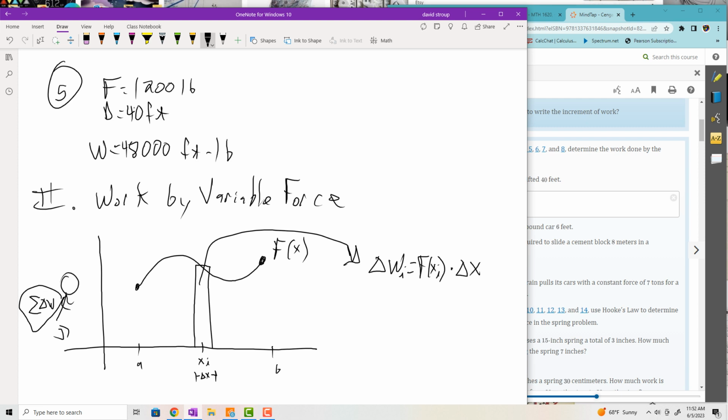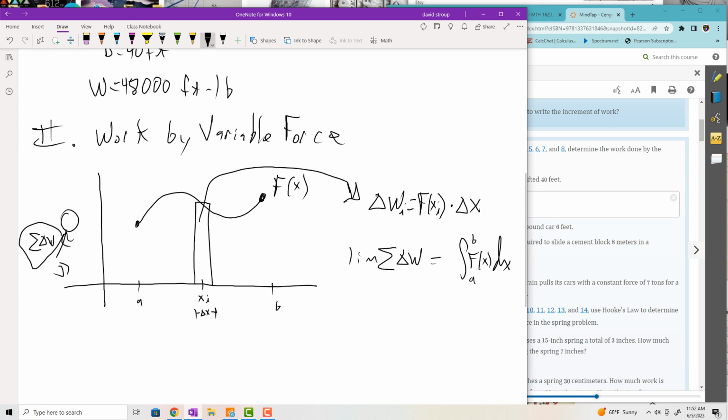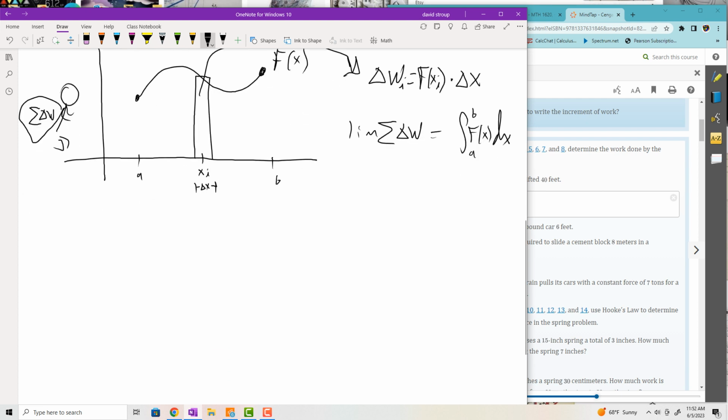And then your Riemann person runs across and collects all those elements. Then we take the limit of it and we get our integral, which will just be big F of x dx from A to B. Okay, pretty simple.